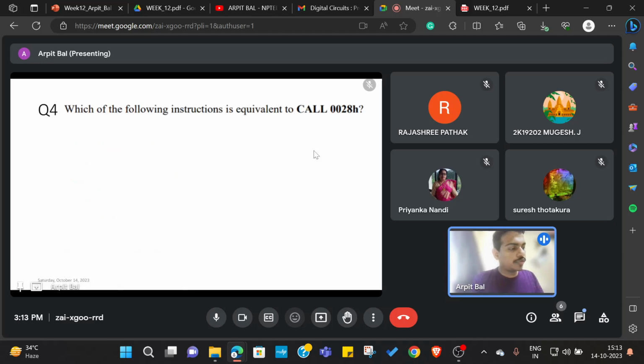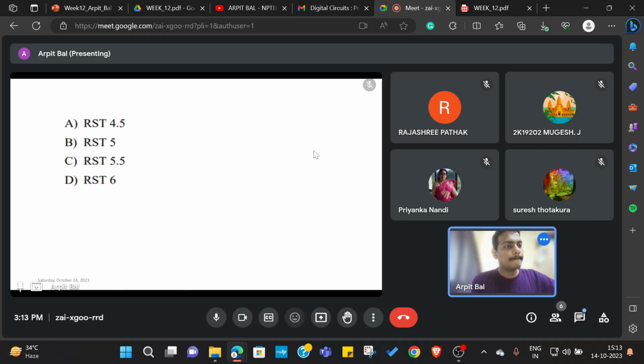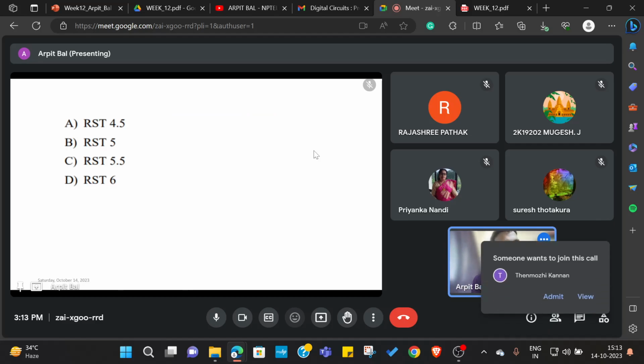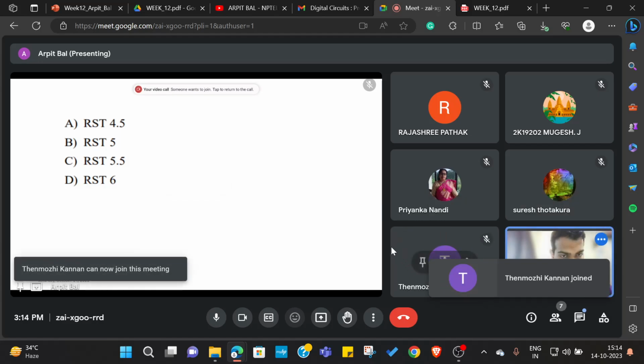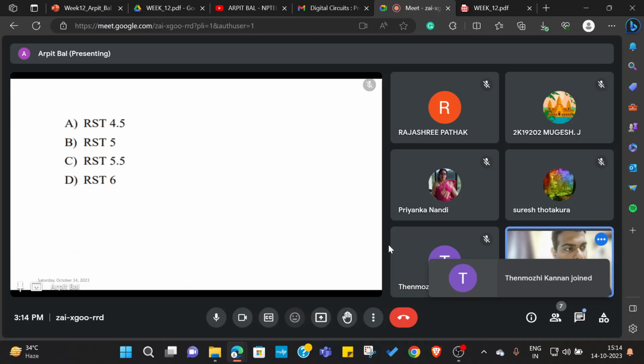Which of the following instructions is equivalent to CALL 0028H? Option B. Does everyone agree with this?